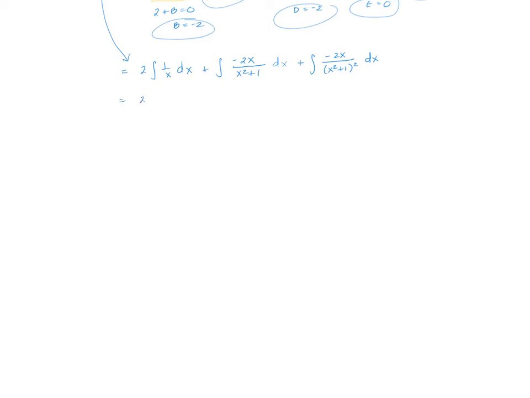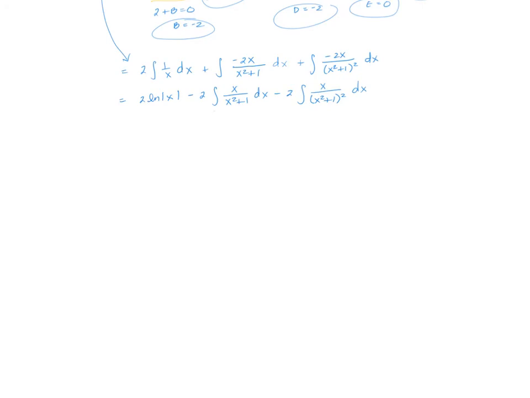This is equal to 2 times the natural log of the absolute value of x minus 2 times the integral of x over x squared plus 1 dx minus 2 times the integral of x over x squared plus 1 squared dx.